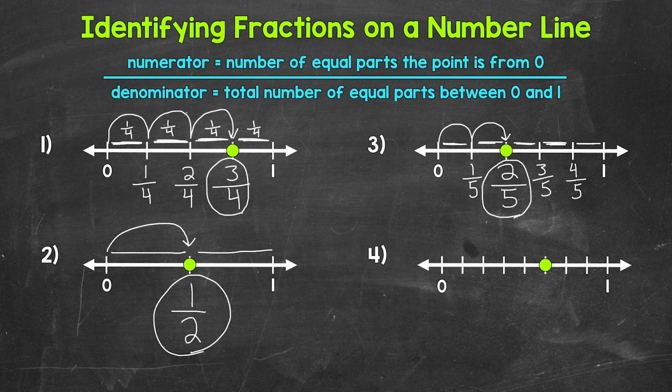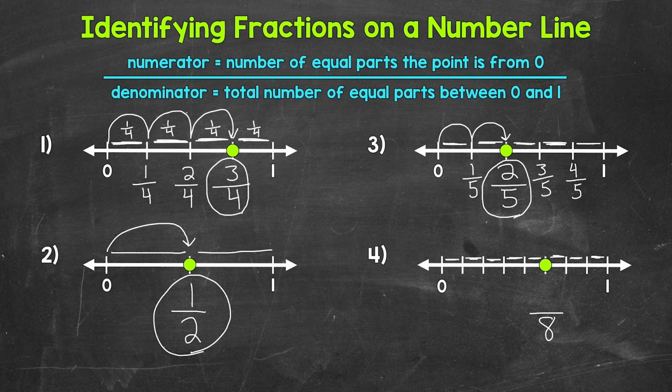So how many total equal parts has the distance between 0 and 1 been divided into? 1, 2, 3, 4, 5, 6, 7, 8. So 8 is our denominator. We have eighths here. Each part is 1/8 of the whole.